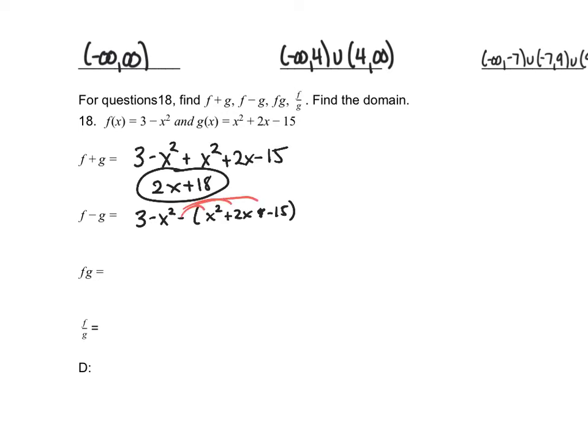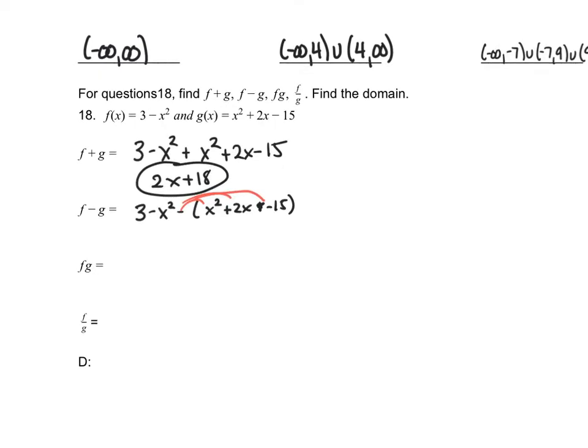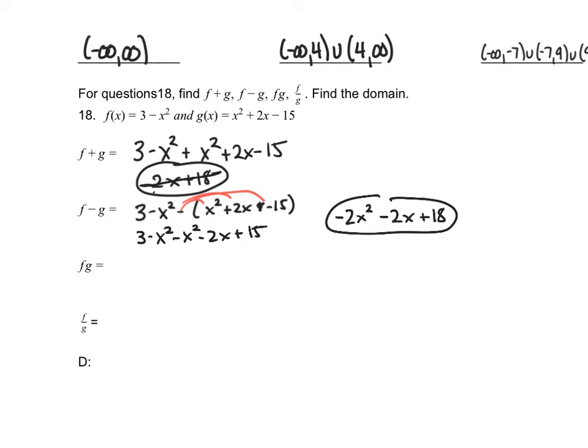So this is going to go to all of them. So that gives me 3 minus x squared minus x squared minus 2x plus 15. So that becomes negative 2x squared minus 2x plus 18. Let's go back and change this one. This was incorrect. It's going to be 2x minus 12. Much better.